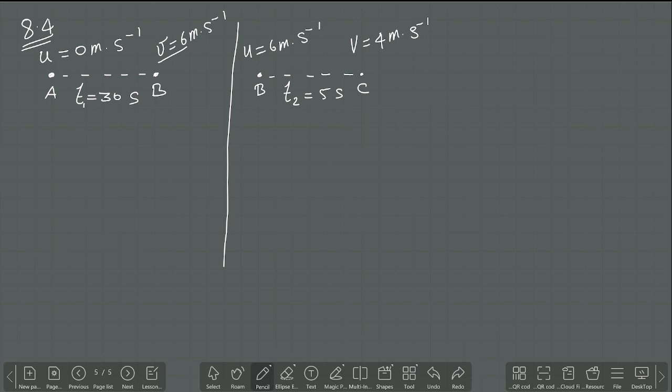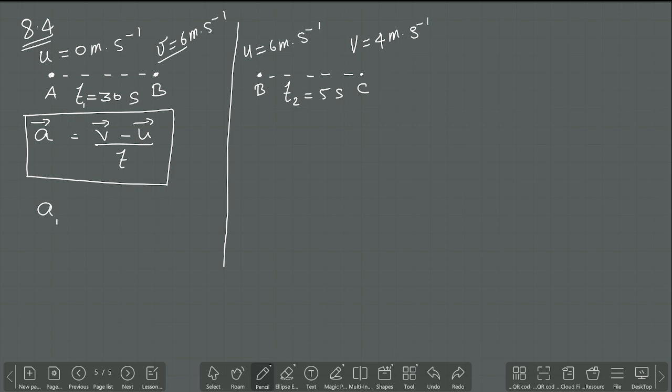So what are they asking us to calculate? What is the acceleration in both the cases? What is the formula to calculate acceleration? A is equal to V minus U by T. So this is the general formula you are going to use in order to calculate the acceleration. For convenience, let us write it as A1 is equal to V minus U by T. So the A1 is equal to, what is the value of V for this one? 6 minus the value of U, which is 0, by 30.